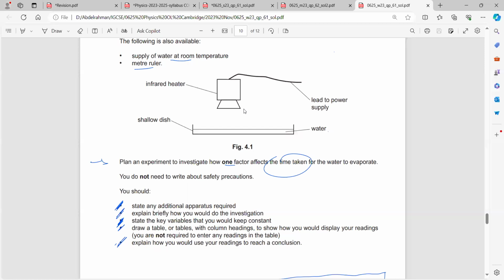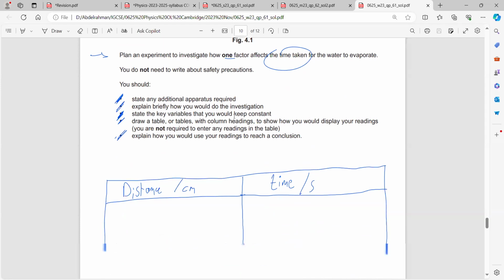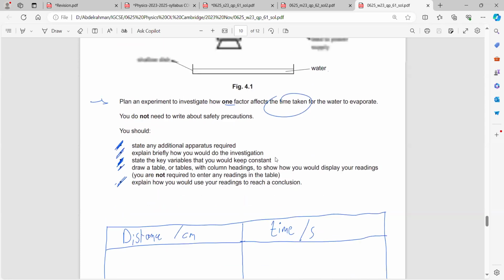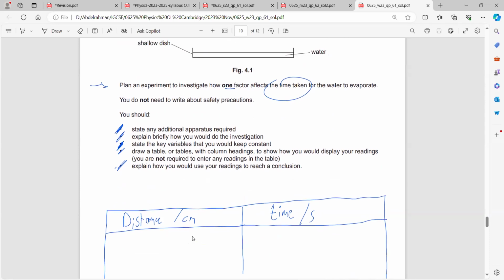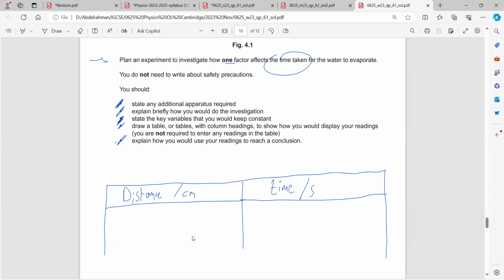You have to choose only one, and all of the other variables must be kept constant. For example, I changed the distance. You could change the volume. You could change other factors for this question.